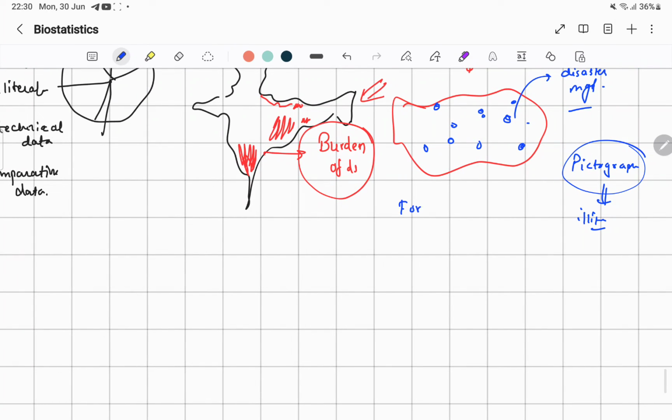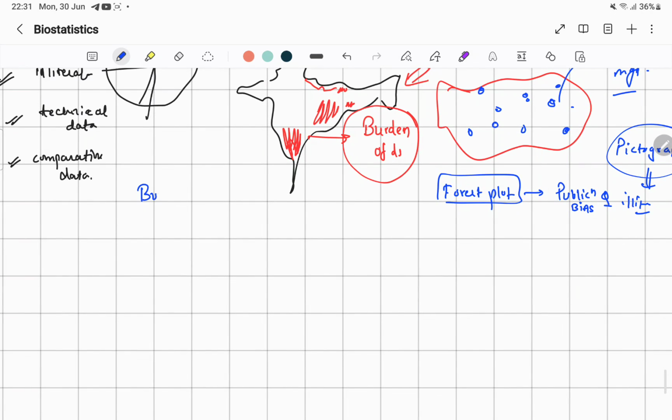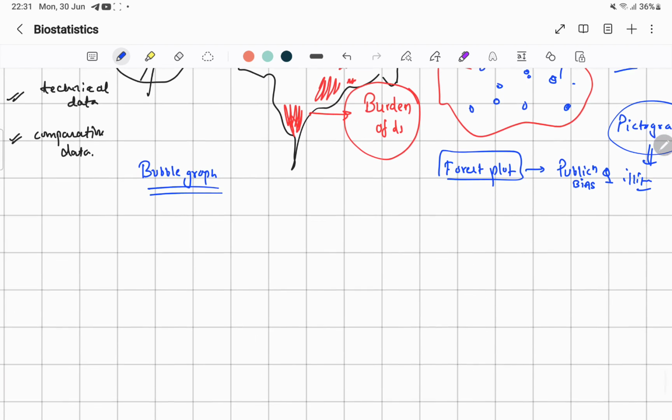Forest plot. This is a topic of epidemiology. Forest plot is used for publication bias. Okay, this is also important. Forest plot for publication bias. Some other things like bubble graph are there. If you have seen the COVID cases, then bubbles are there in the world map.